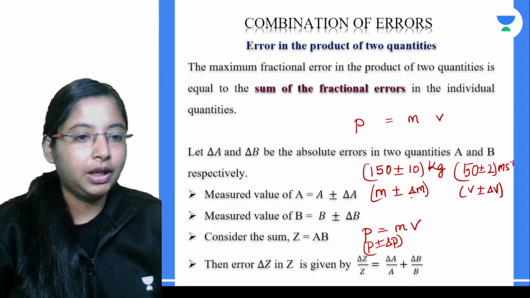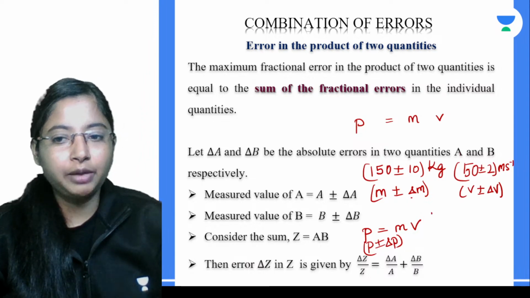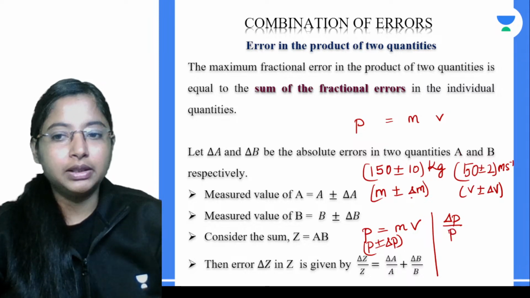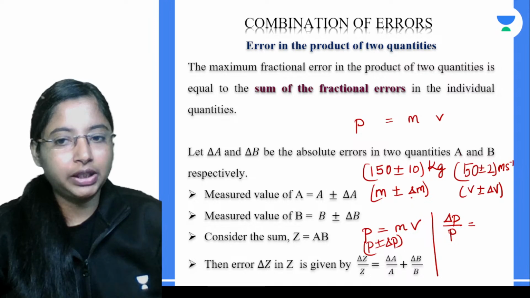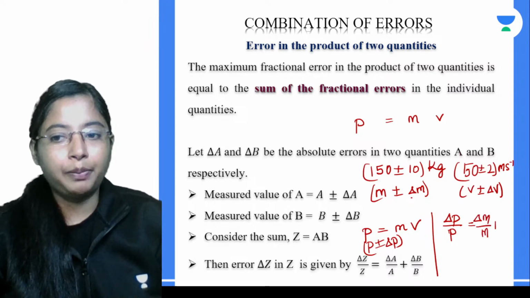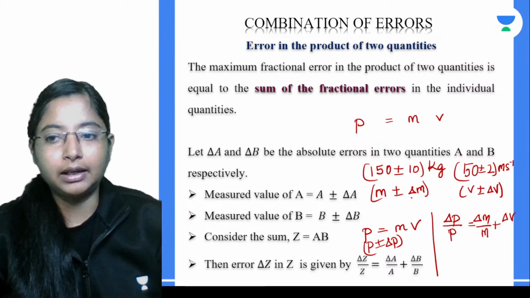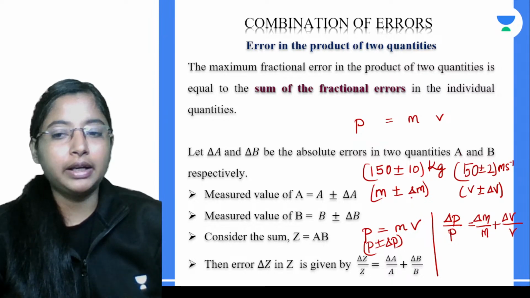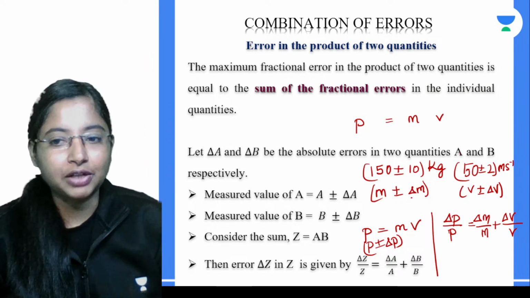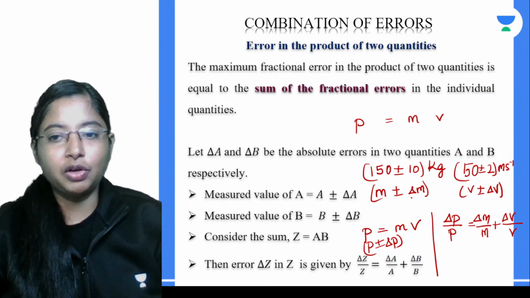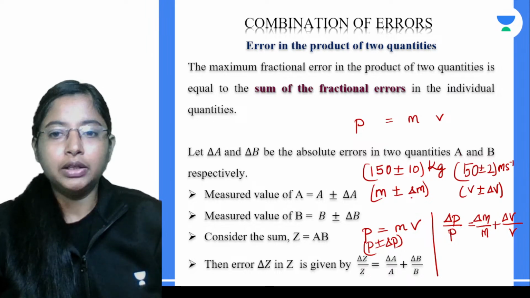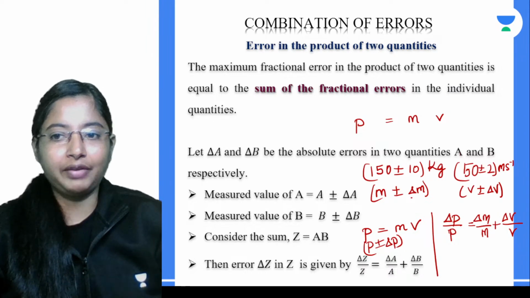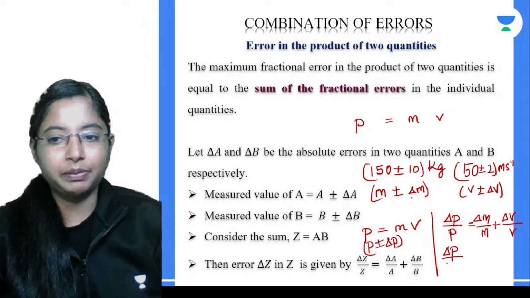So if you want to find the error in momentum, that is nothing but delta P by P. This is the fractional error in momentum. It is equal to the fractional error in mass, delta M by M, plus the fractional error in velocity, delta V by V. So you find the fractional errors and add them together, and you will get the final fractional error in momentum. Let's try doing that with the example. Delta P by P is equal to delta M by M, which is nothing but 10 divided by 150.